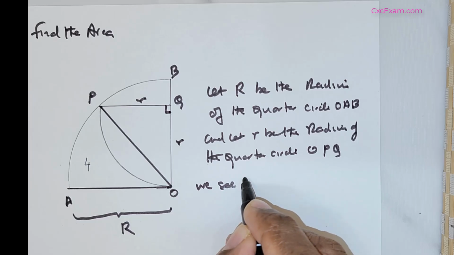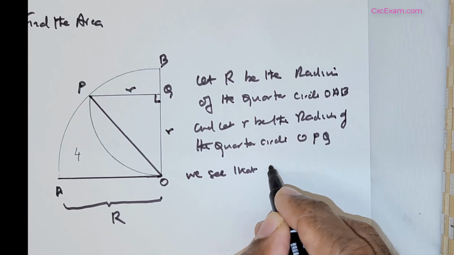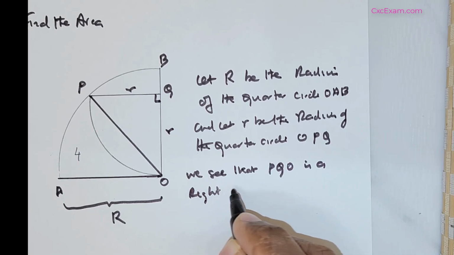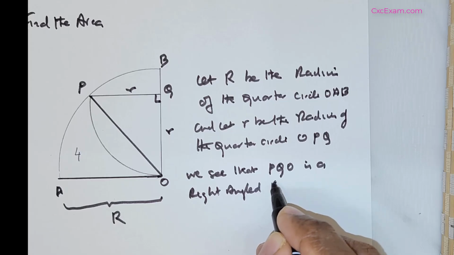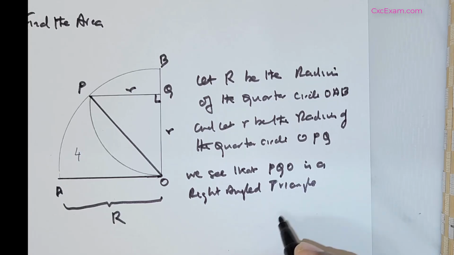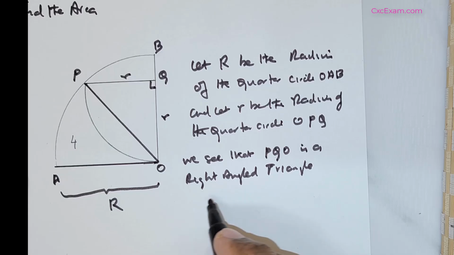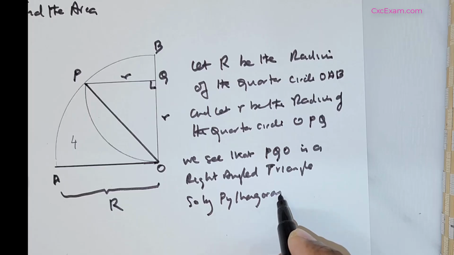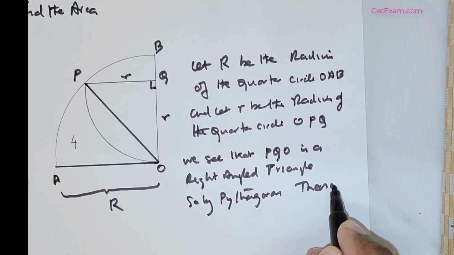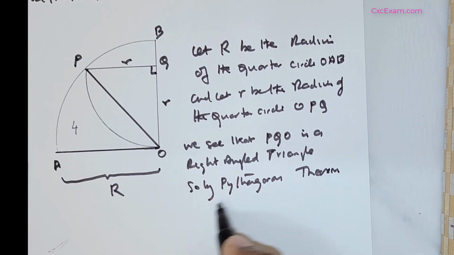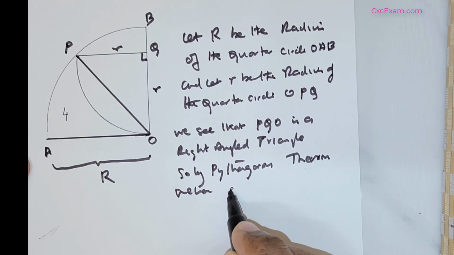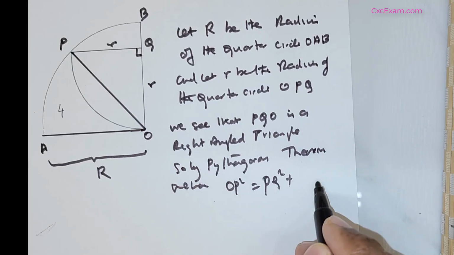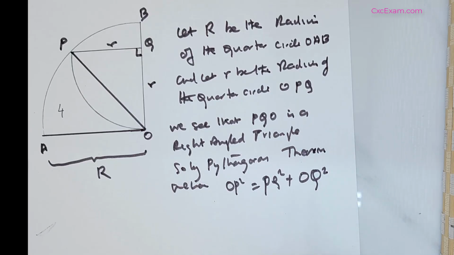We see that PQO is a right-angled triangle, right? So by Pythagoras theorem, what do we have? We have OP squared is equal to PQ squared plus OQ squared.